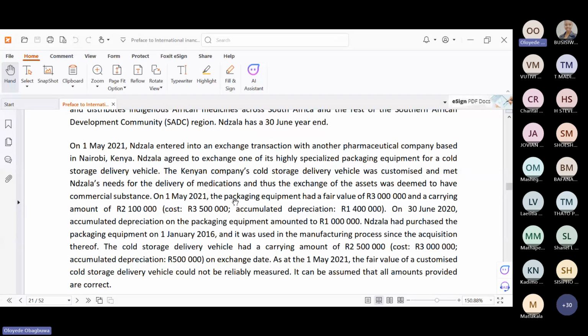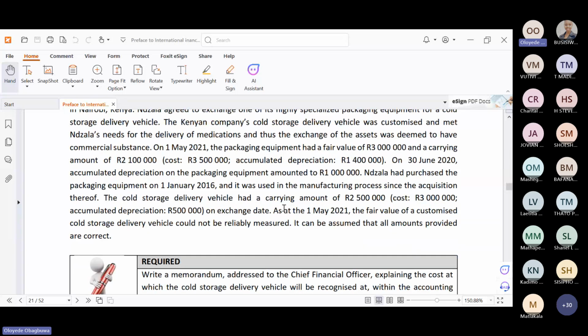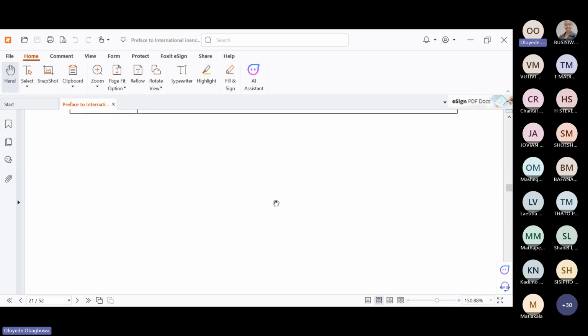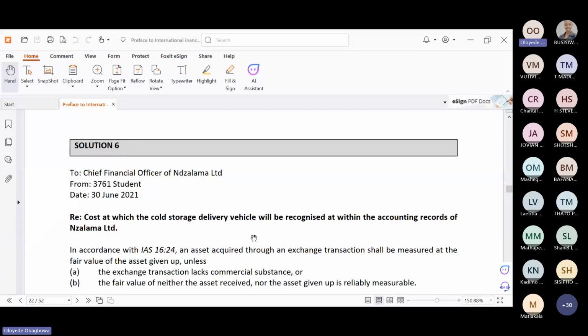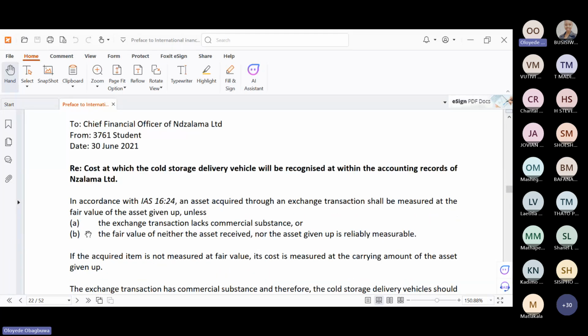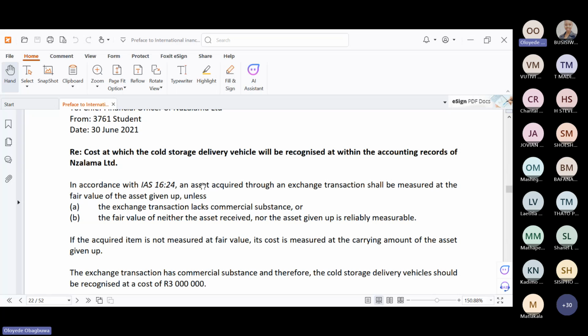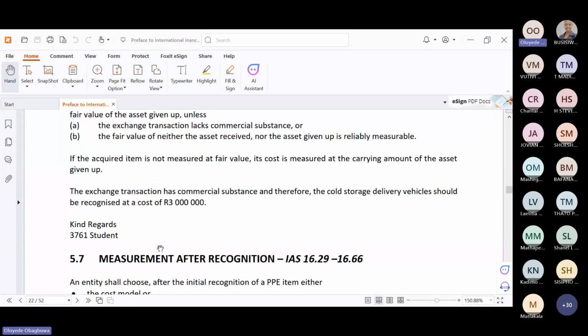You can see the asset given up is the packaging equipment with a fair value of 3 million. Why? Because the exchange has a commercial substance. So you will recognize it at the fair value of the asset given up.